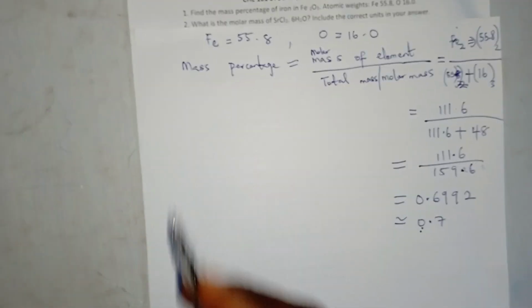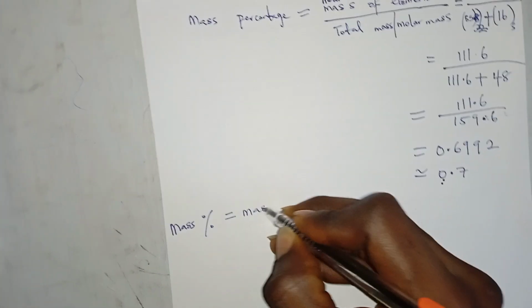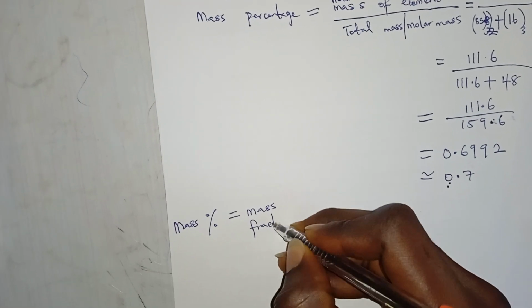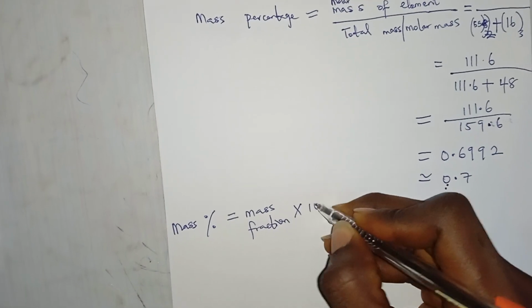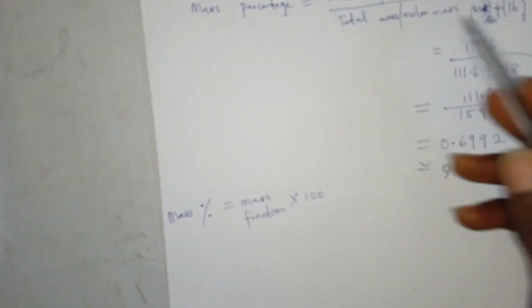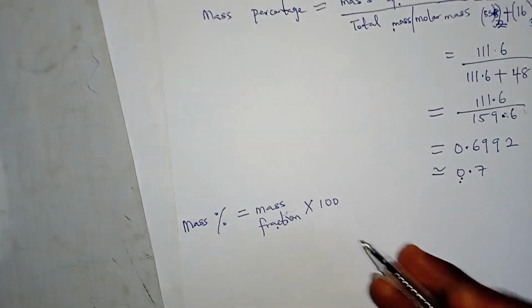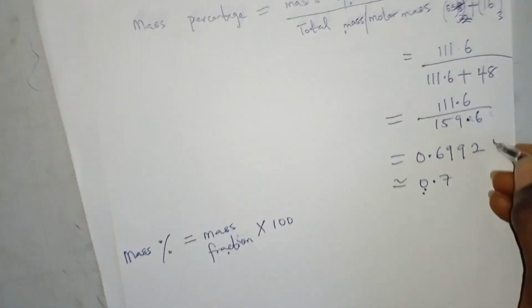So we've gotten the mass fraction, and we know that mass percentage is the same thing as mass fraction times 100. Since we've gotten the elements divided by the total mass, we've gotten the mass fraction. Now times it by 100.